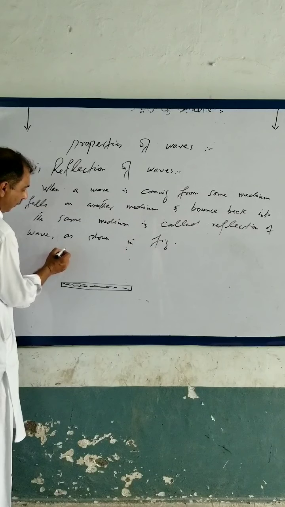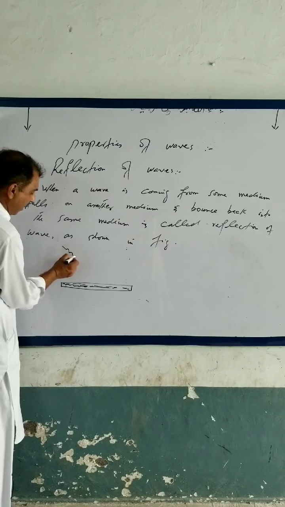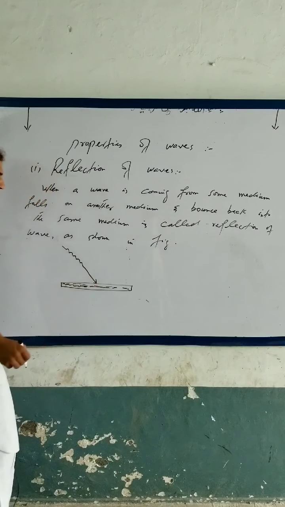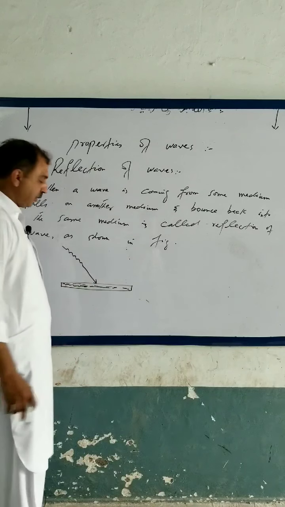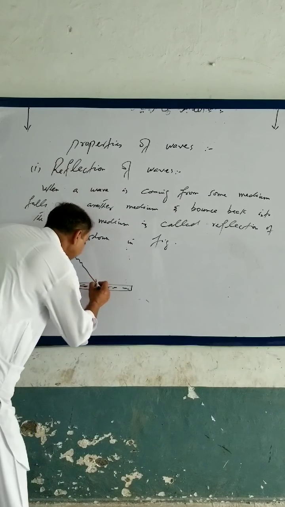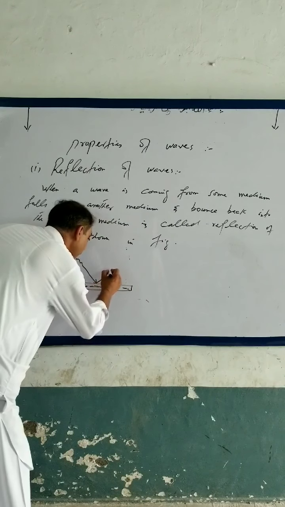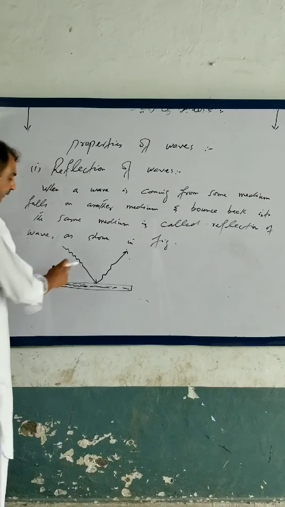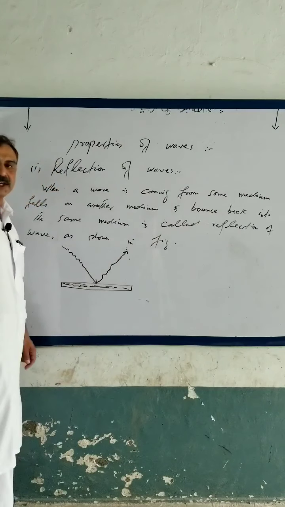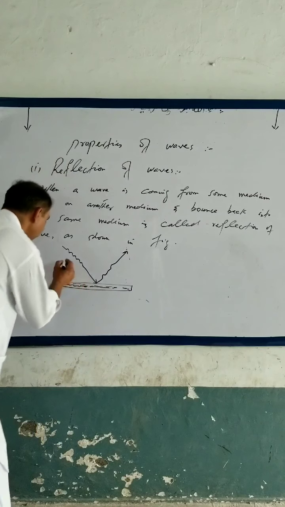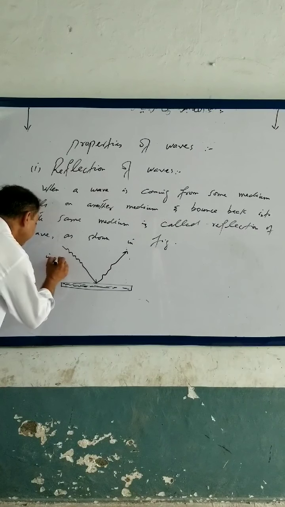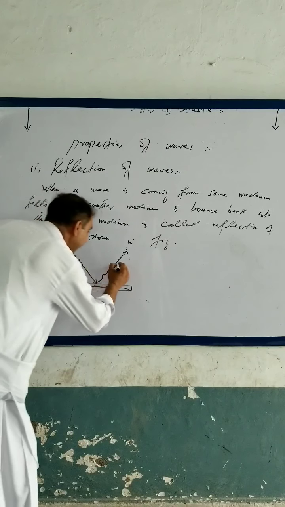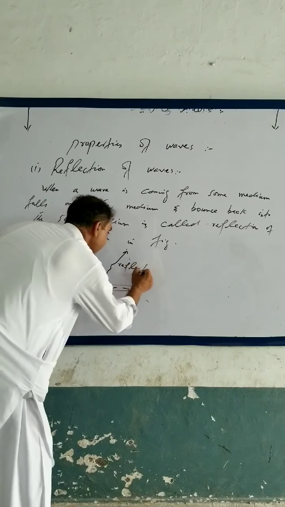When a wave is coming from some medium and falls on this dense medium and bounces back into the same medium, this phenomenon is called reflection of wave. This is the incident wave and this is the reflected wave.